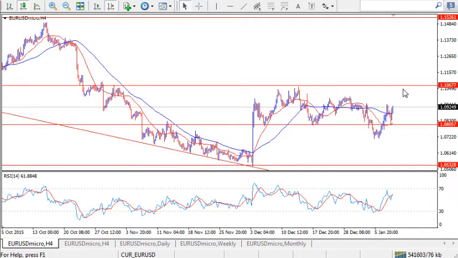We have this resistance level here to consider, and also we can draw a trend line here and see how for now it also provides resistance. So these are simple technical tools that everybody can use to analyze the markets.